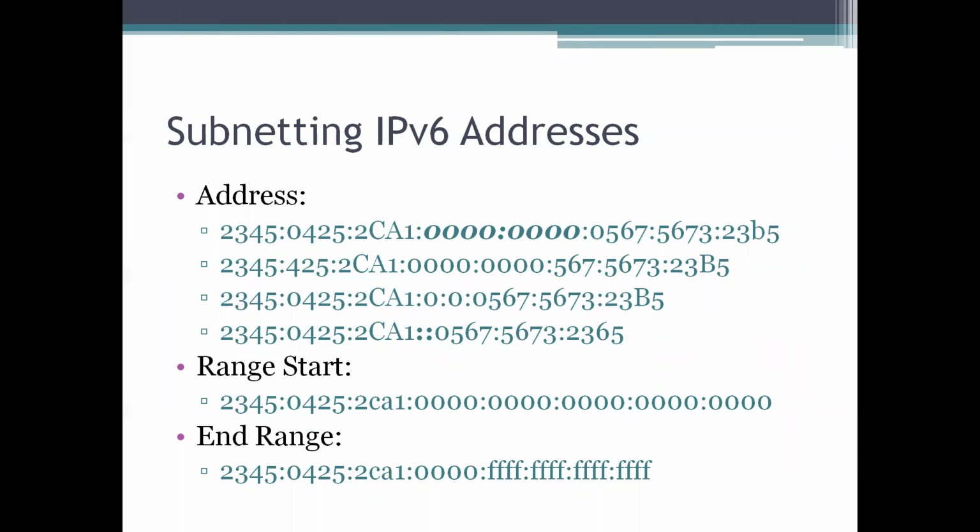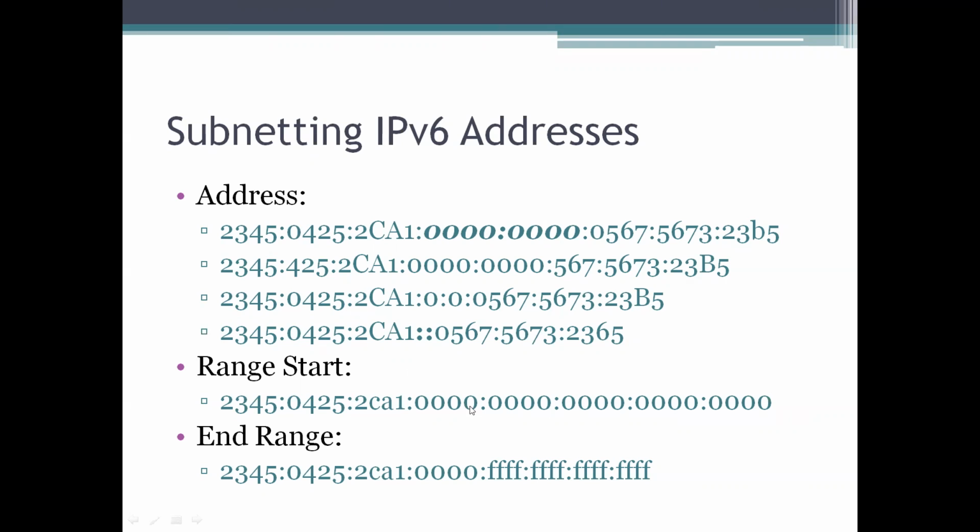Now let's look at this IP address, and we want to subnet it. Remember, we spoke about using our values in the range 0 to 9 and A to F. So when we subnet this IP address, our starting range is 2345:0425:2CA1 and our zeros.